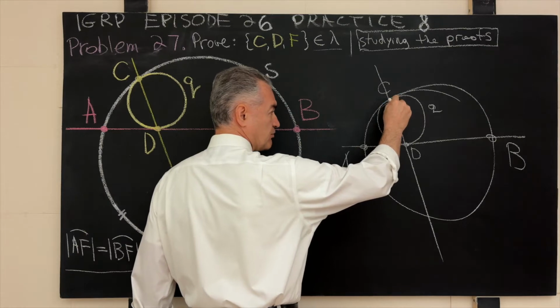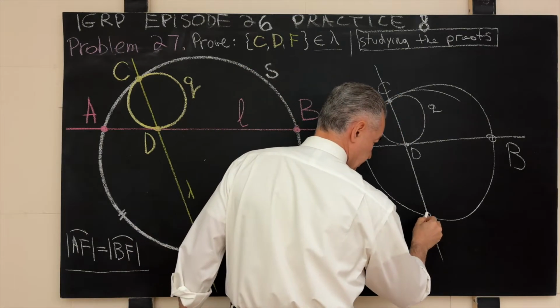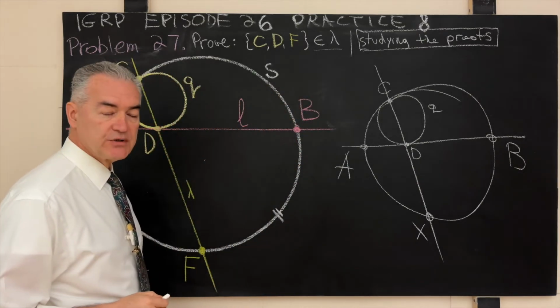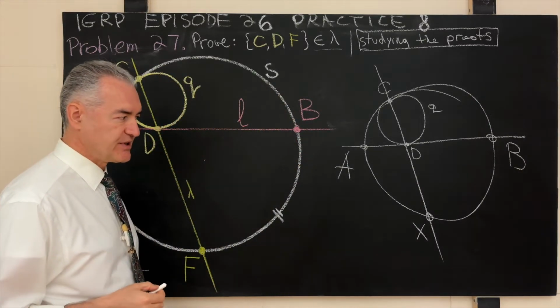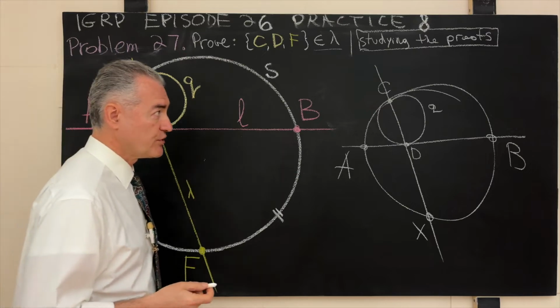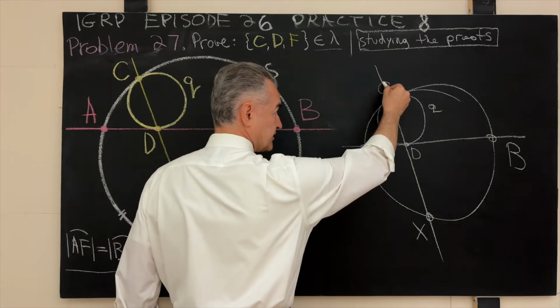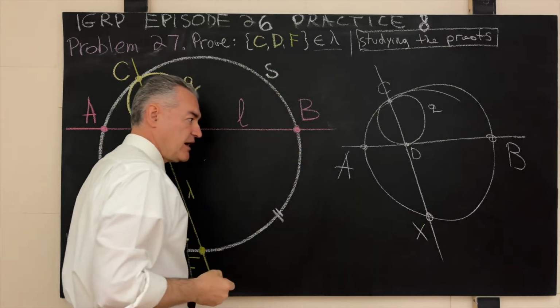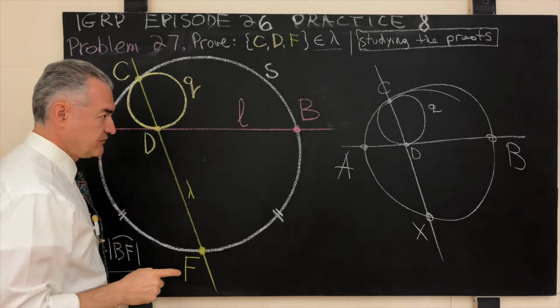One such place will be the point C, and the other such place we will designate as the point X. What properties does the point X have, or for that matter, what properties does the straight line CDX have?